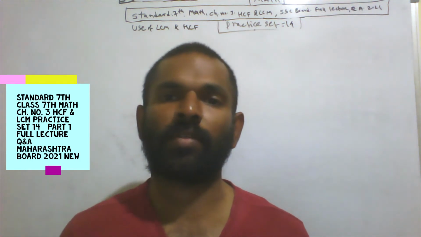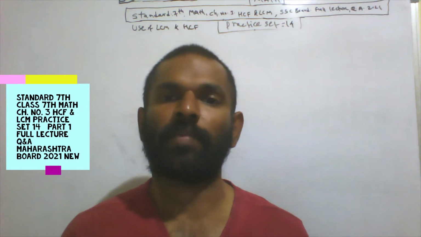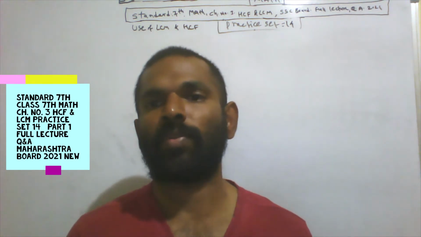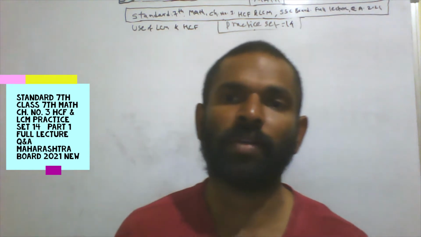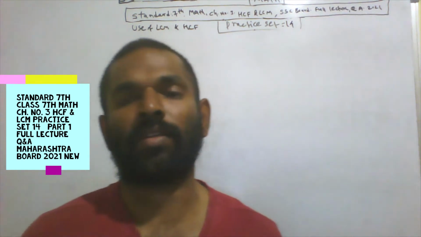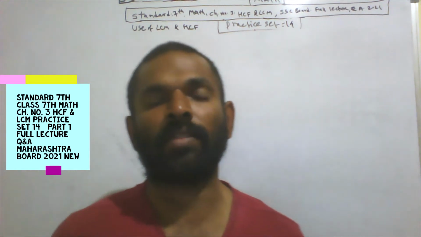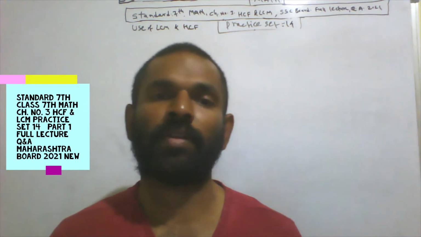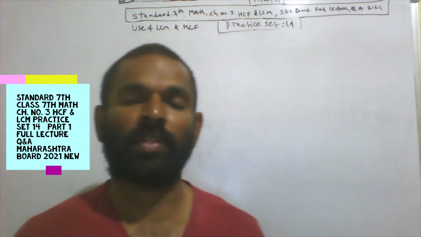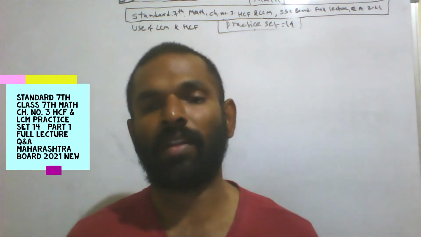Today's topic is Math Standard 7, Chapter 3, HCF and LCM, Practice Set 14, Maharashtra Board, full lecture, question and answer 2021. This topic is a continuation. In Practice Sets 11, 12 and 13, we learned how to find LCM and HCF with the horizontal and vertical arrangement.